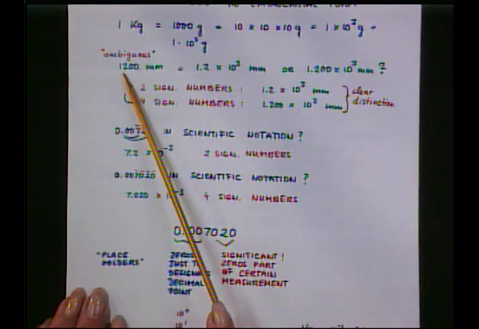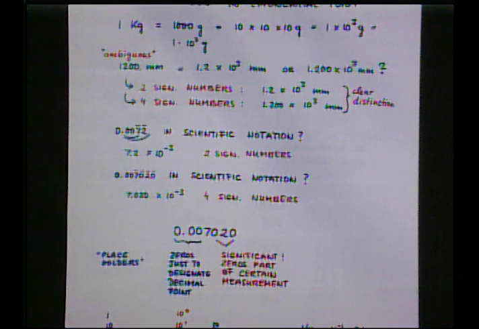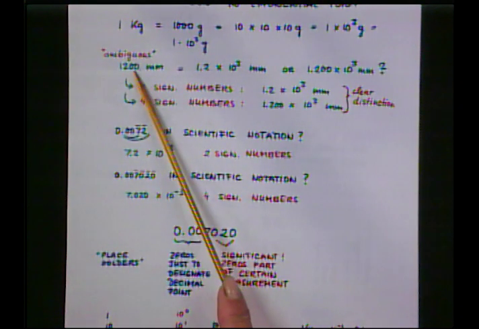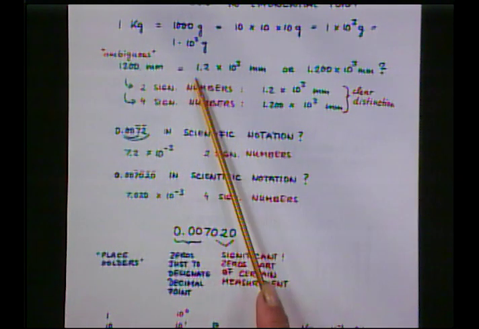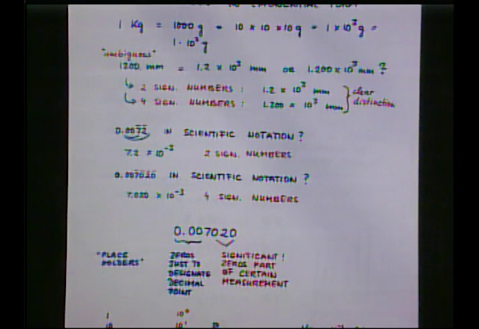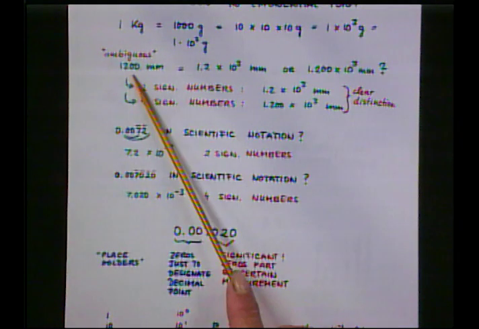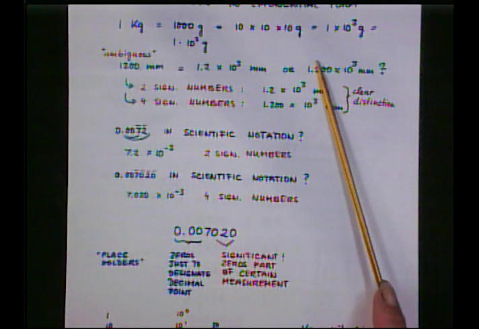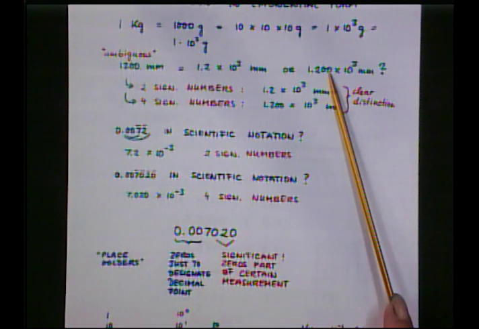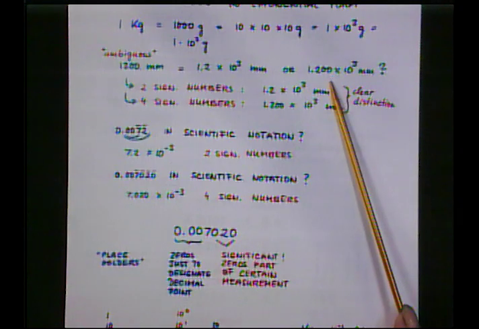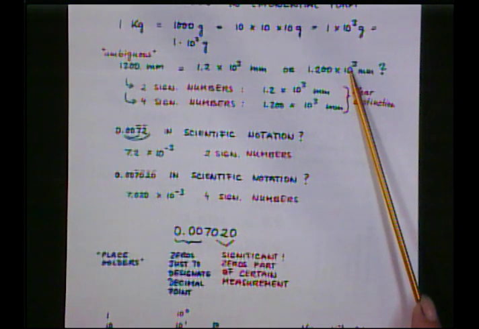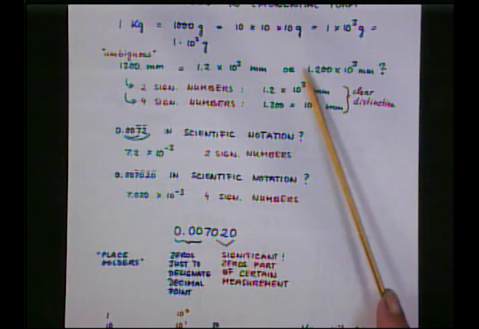Now, if we have 1200 millimeters, for instance, let's say we measured 1200 millimeters, then how do I know whether the zeros are significant or not? Well, the scientific notation will get us out of the ambiguous situation. If the zeros are part of the measurement, I can put them into the coefficient of the power number. For instance, 1.200, they have to be included then, times 10 to the third power, and we see here 4 significant figures.